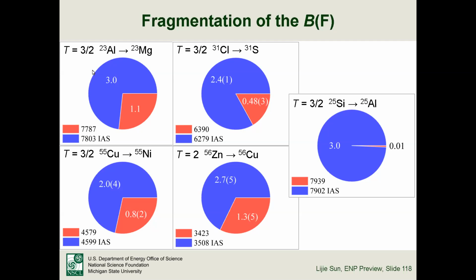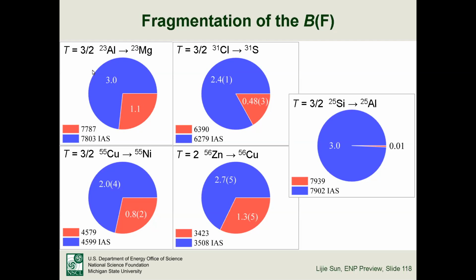So it also means the fragmentation of the Fermi strength, where isospin mixing is rather small in silicon-25 compared with the strong mixing observed for some special cases.